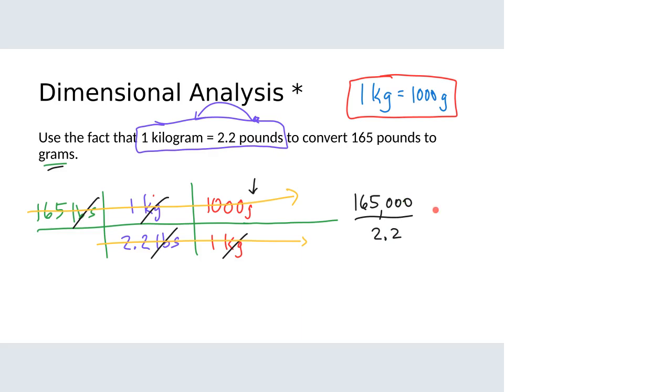And the only units that remain are grams. We'll divide by 2.2 and end up with 75,000 grams. So convert 165 pounds to grams, 75,000 grams. So if somebody weighs 165 pounds, then they weigh 75,000 grams.